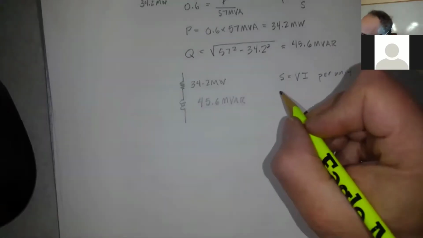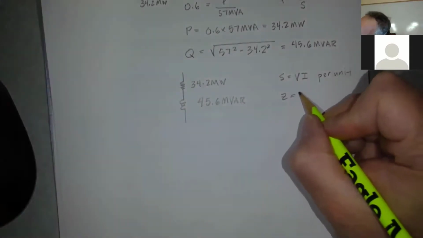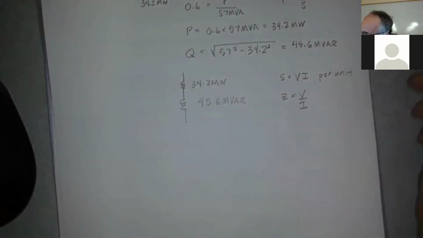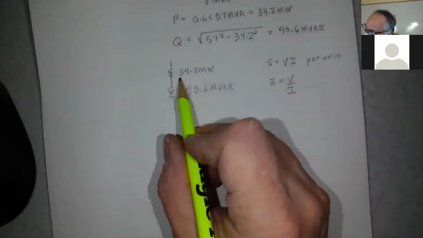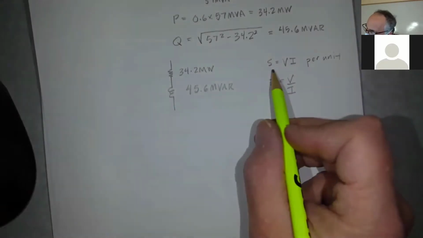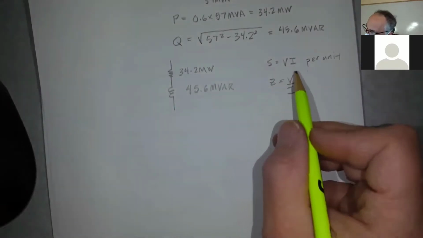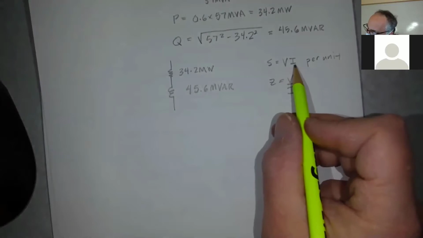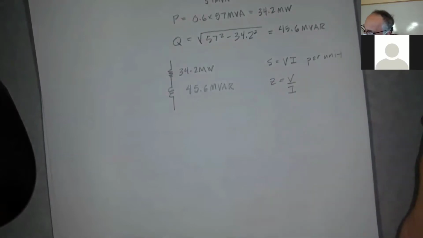Okay, and we know that Z equals V over I. So is there a way for us to go from megawatts to V times I and figure out what I is going to be?